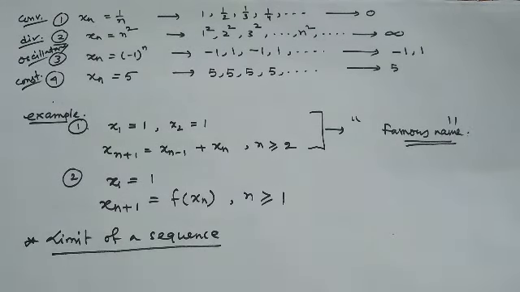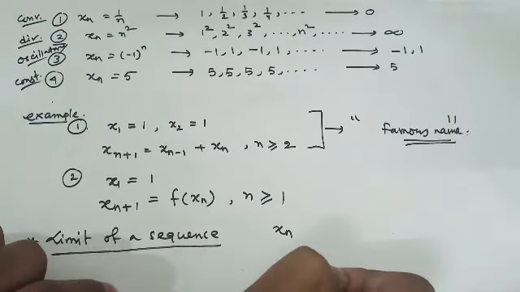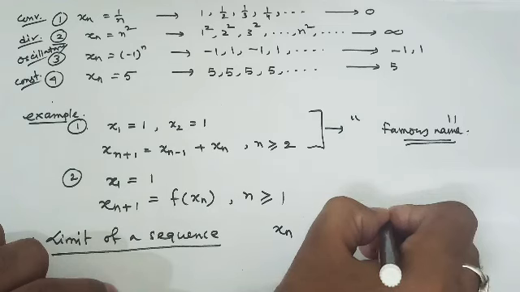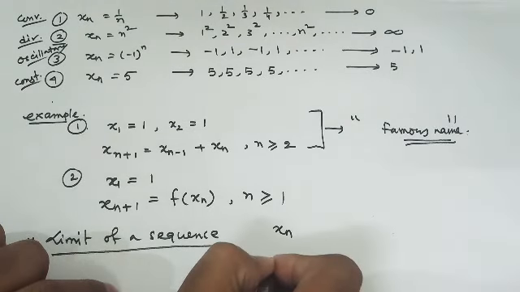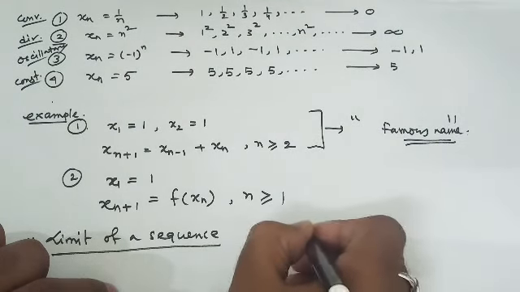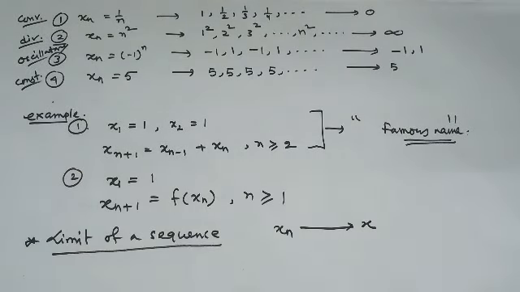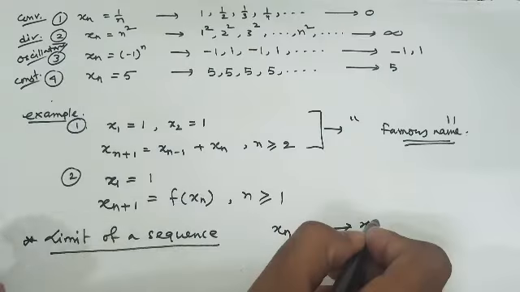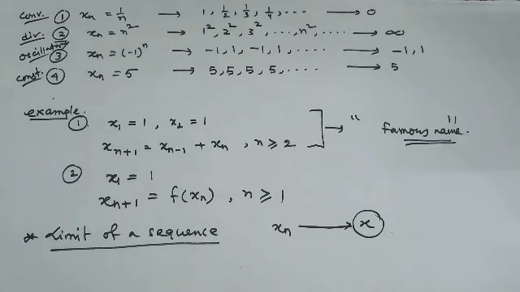Limit means, suppose you have a sequence given as xn, and it has a natural tendency to go towards a certain number, say x. All the elements have a natural tendency to go towards x. So the nth term of that sequence is xn, and we will call this particular number the limit of this sequence.